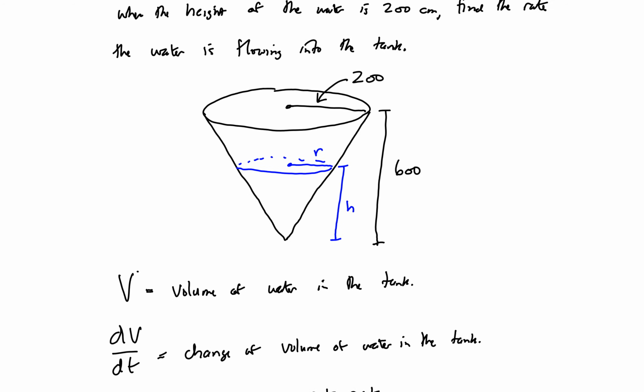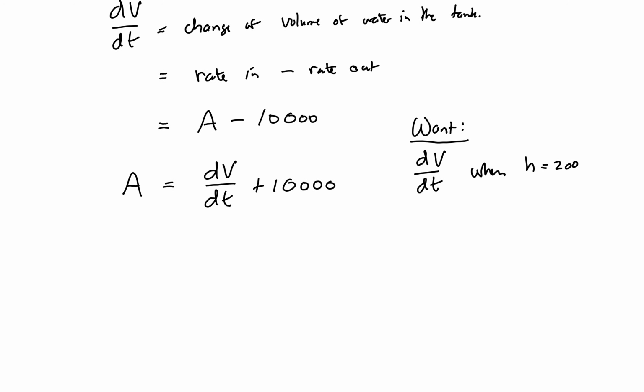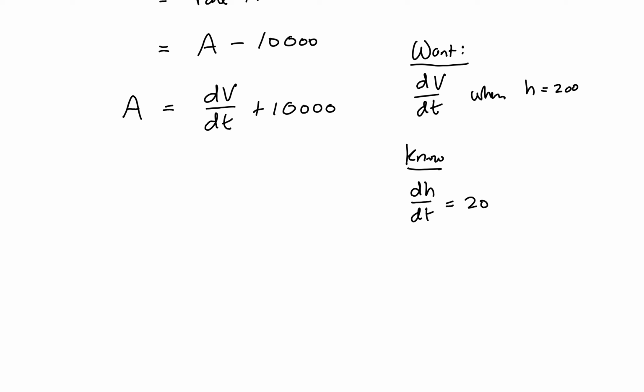And now we know that the height is changing at 20 centimeters per minute. So dh/dt is 20. We also know a formula for the volume, or at least you'd be given a formula for the volume.